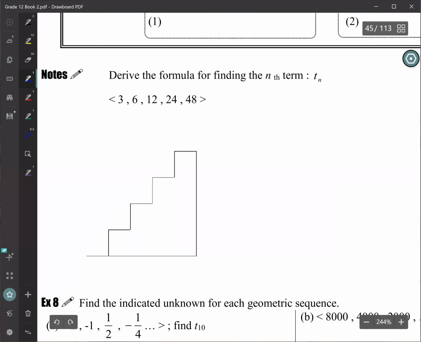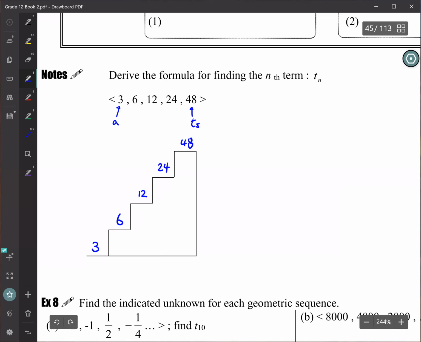Here we have 5 terms. This one is A, this one is T5, T2, T3, T4, T5. I would like you to place the numbers on the stairs here. The very bottom one is the first term, second term, third, T3, T4, T5.